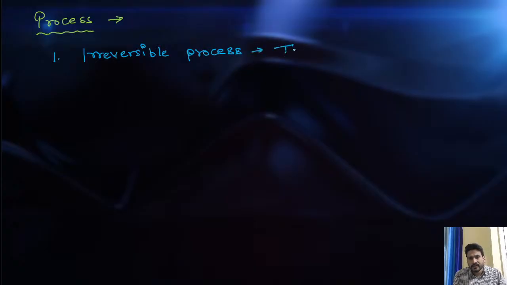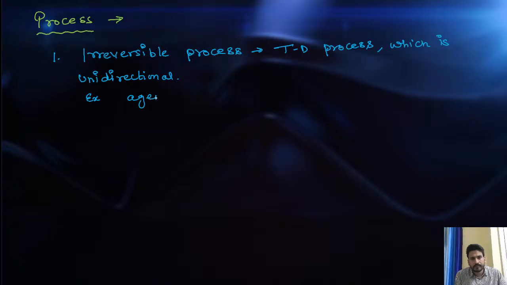As its name suggests, this is a thermodynamic process which is unidirectional, meaning it has only a single direction. Is it clear to you? A very simple example is aging. Our age only moves in the forward direction.